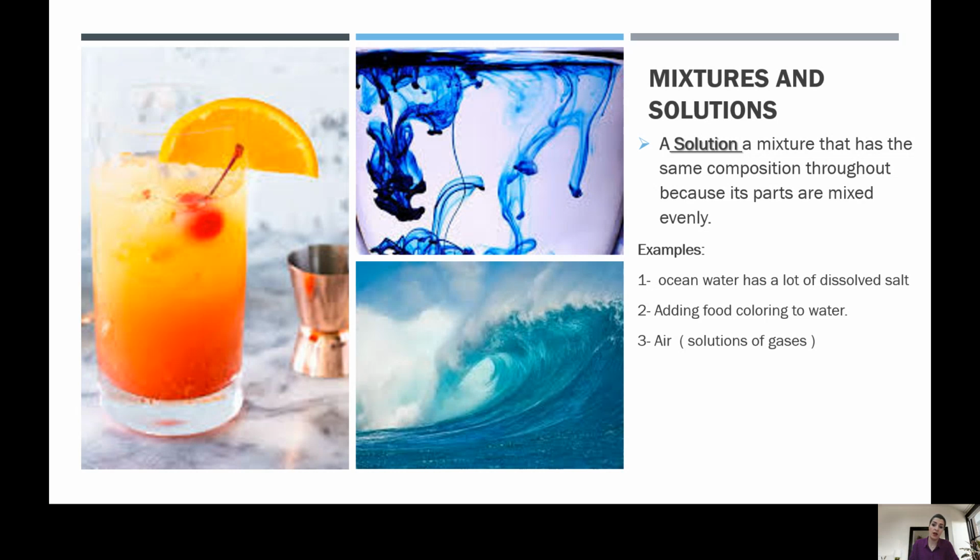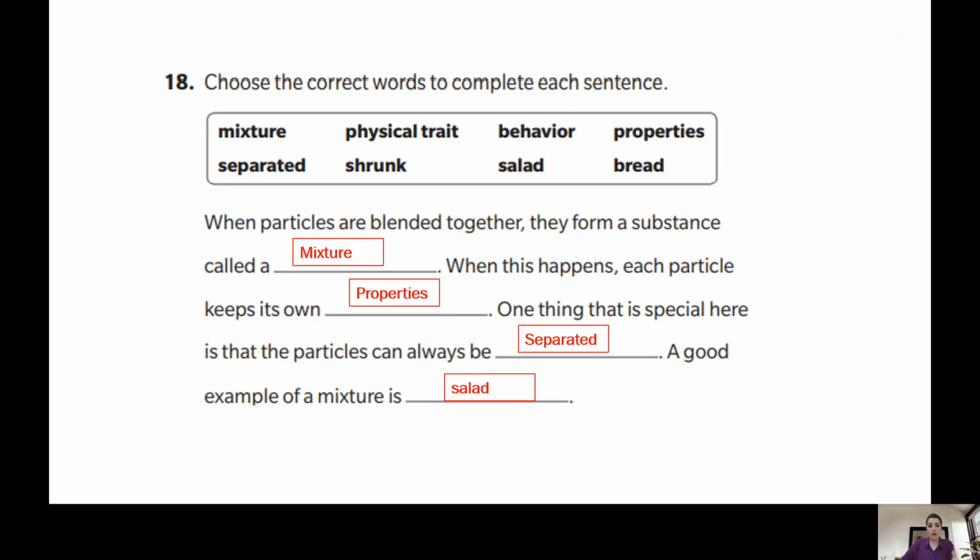The same thing goes for ocean water. If you taste the ocean water, you will feel the salty taste. This means the salt is dissolved all over the water in the ocean. And the same thing, the air that we breathe is made of gases, which is an example of a solution of gases. So when particles are blended or mixed together, they form a substance that is called a mixture.